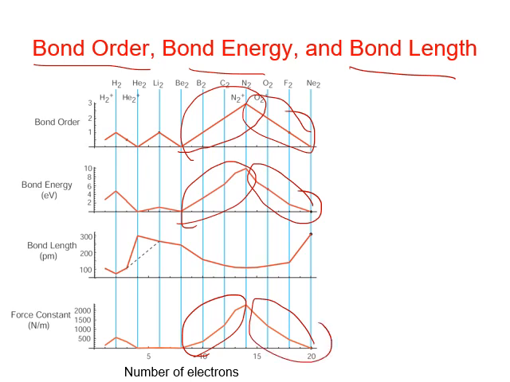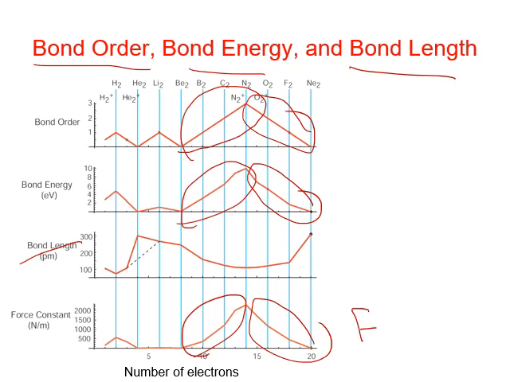Because if you think about the bond as a spring, then the force constant tells you the strength of this bond. So force constant is a measure of bond strength. The bond length, on the other hand, is opposite to the trend.